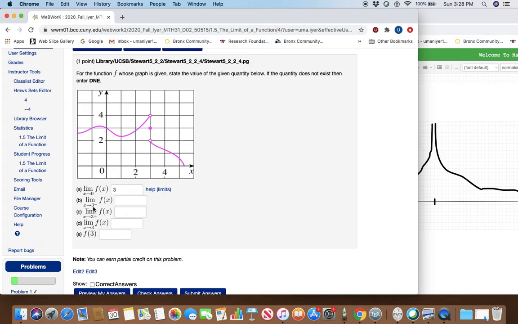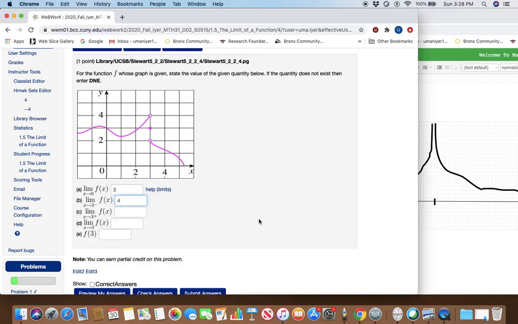What about 3 with a minus above? It means x is approaching 3 from the left. Here is 3, so I'm looking at the left branch around 3. I'm not looking at the right branch, I'm not looking at the value. The left branch approaches 4.